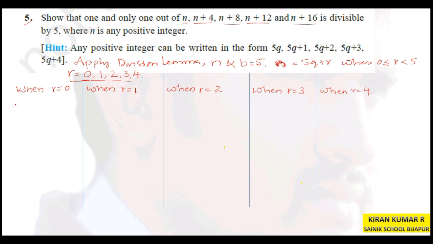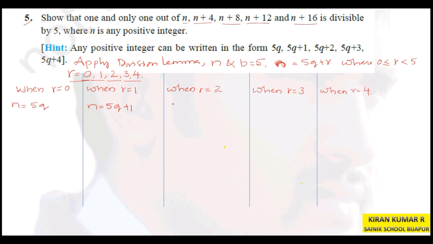What will be the value of n when r value is 0? It is 5q. When r value is 1, n value is 5q plus 1.